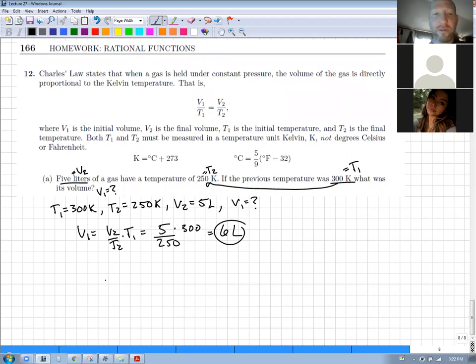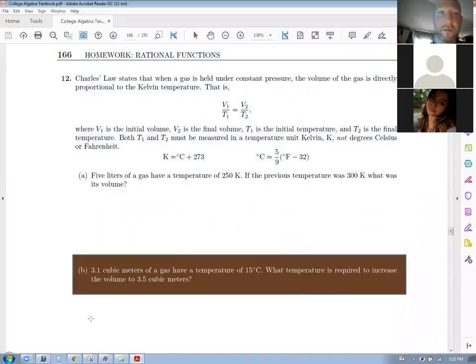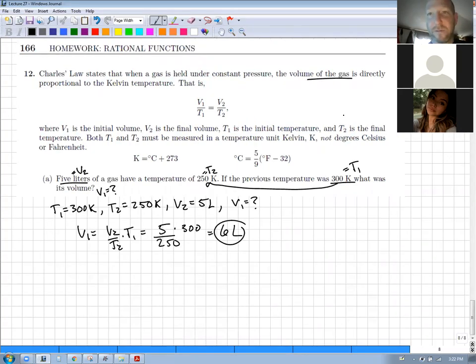So make it colder and the volume decreases. So that's Charles's law. It's interesting. You can lose a lot of gas just by the temperature change.